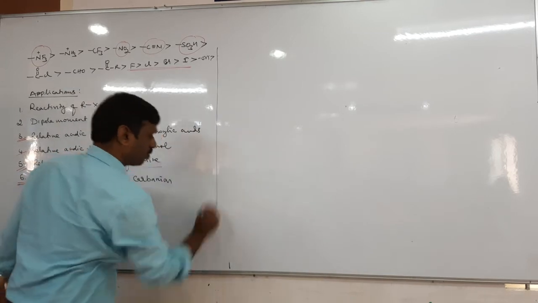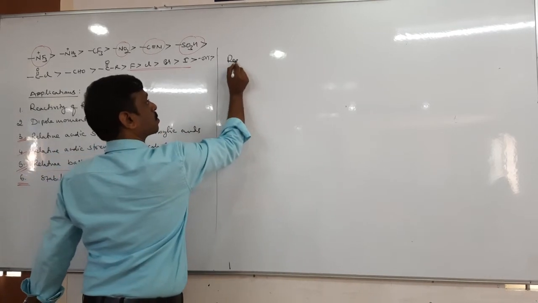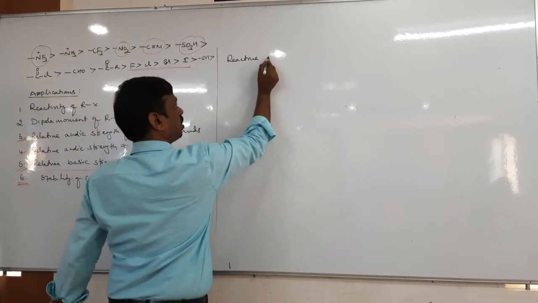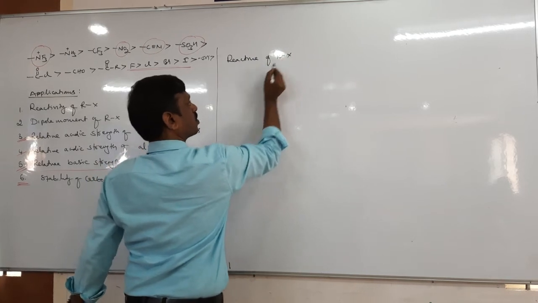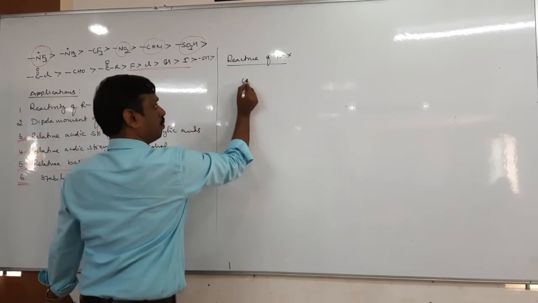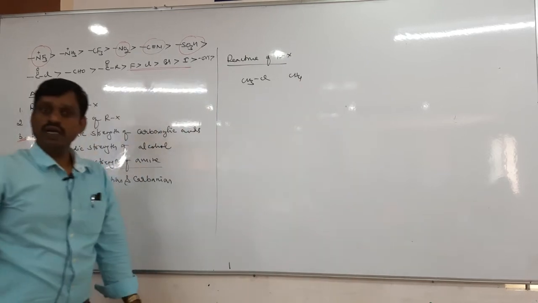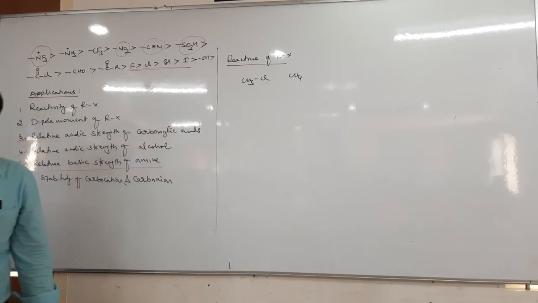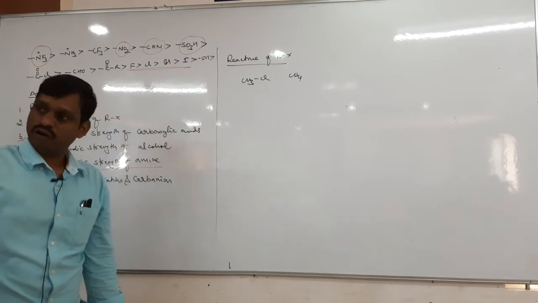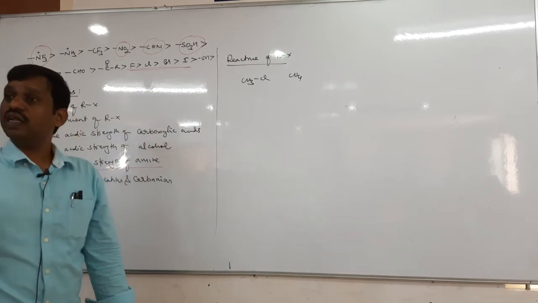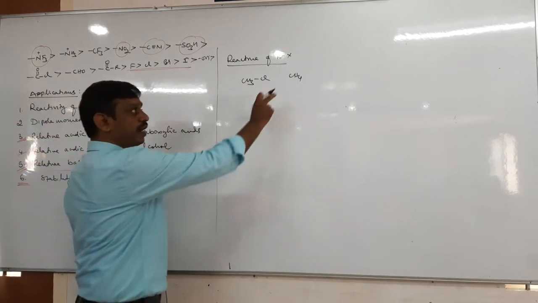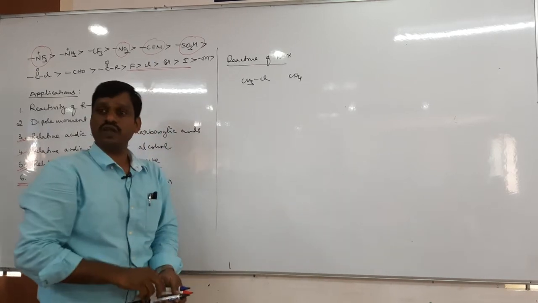Yes or no? Why? Reactivity of RX. Let us take methyl chloride and methane. The corresponding alkane is methane. Among methyl chloride and methane, which is more reactive? Of course, alkyl halide. It is due to inductive effect.